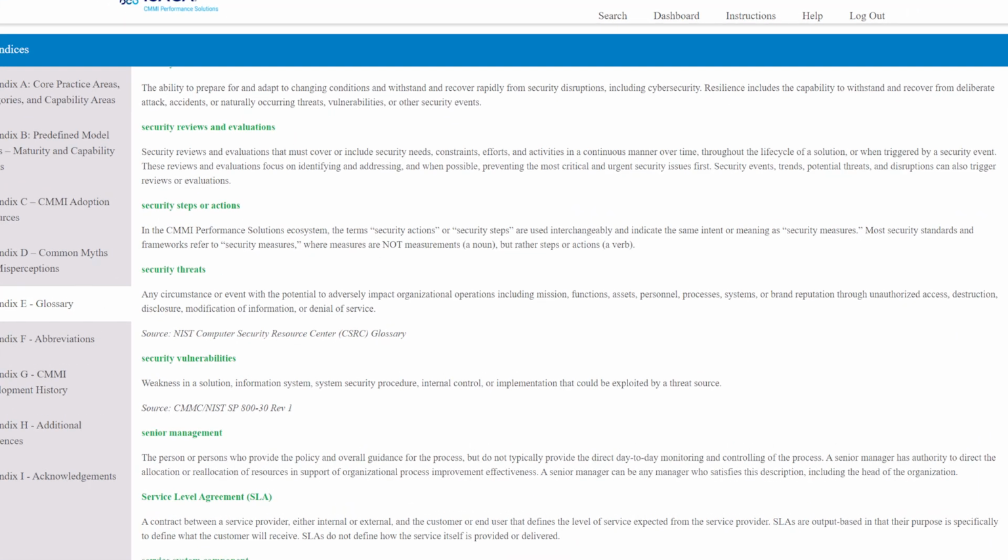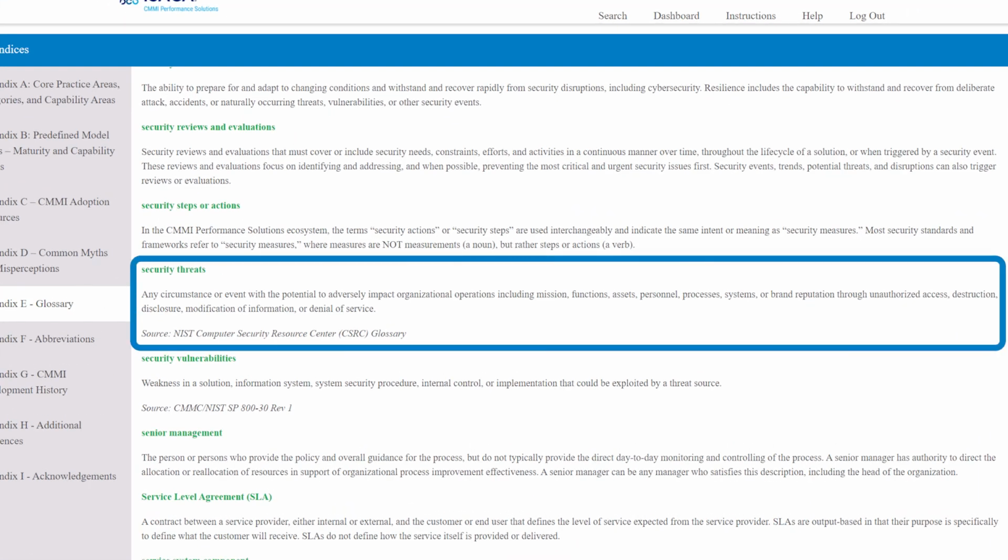According to the glossary, a security threat is any circumstance or event with the potential to adversely impact organizational operations, including mission, functions, assets, personnel, processes, systems, or brand reputation through unauthorized access, destruction, disclosure, modification of information, or denial of service.